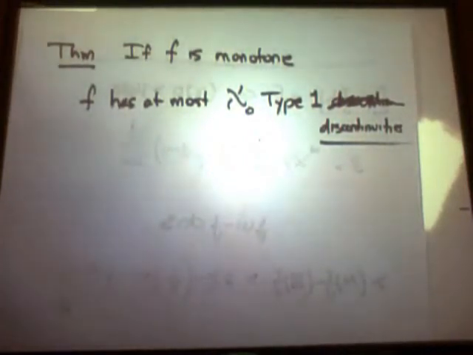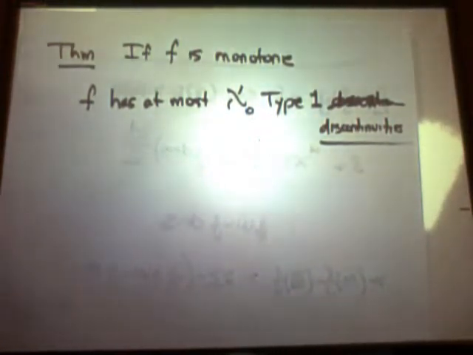Yes, f has at most countably many type 1 discontinuities. What's a type 1 discontinuity? Here's a better way to remember: if both lateral limits exist, but the function is discontinuous at a point, then that's type 1. Any other situation is type 2. So what can happen if both lateral limits exist? Well, the function may or may not exist there.